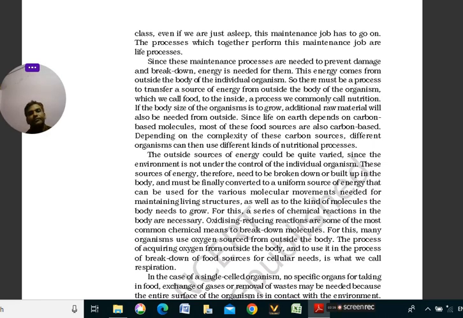Dear students, you must understand one thing about food and its nutrients. These are very essential things for our life.